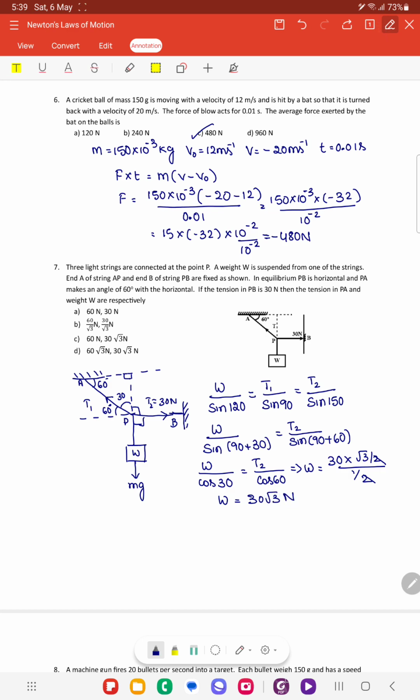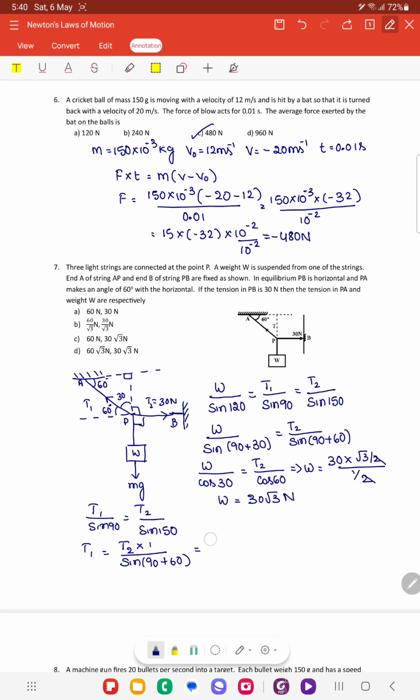Next we'll find T1. So we have T1 by sin 90 is equal to T2 by sin 150. So T1 is T2 into sin 90, sin 90 is 1, so T2 into 1 divided by sin 150. Again we can write this as sin 90 plus 60.